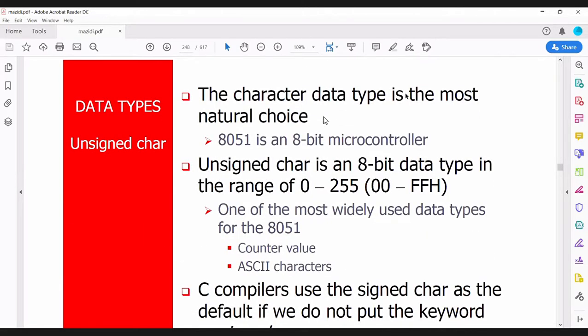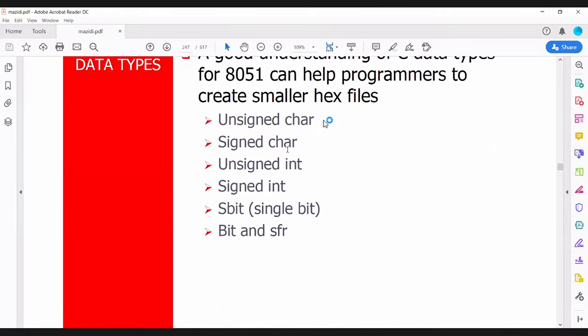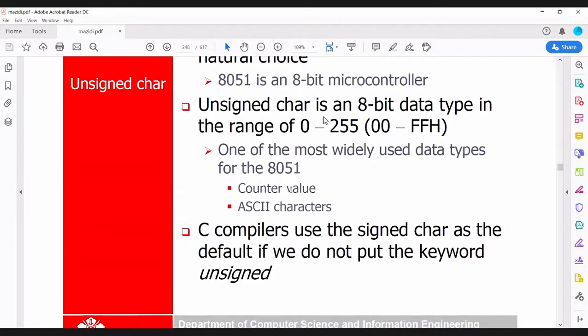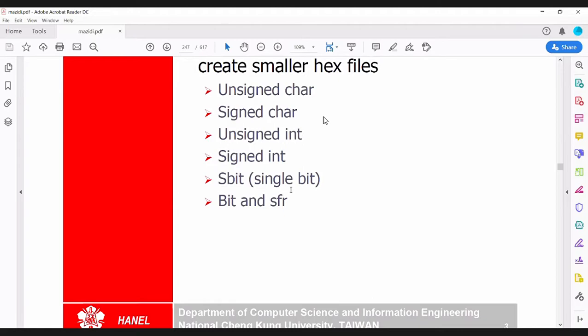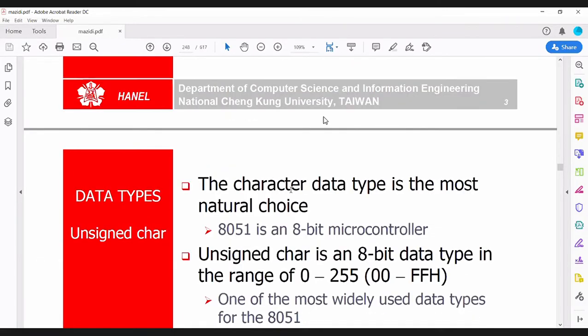The character data type is the most natural choice. What is unsigned and what is signed, we'll see in a while. Signed, of course, means negative integer values.